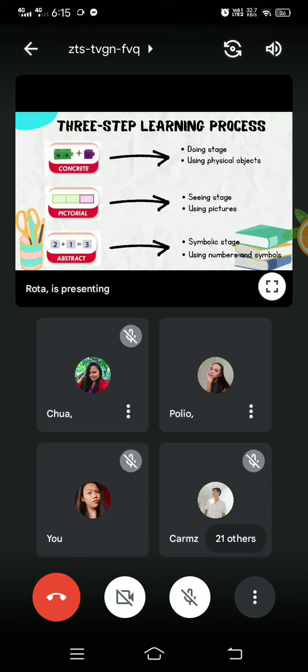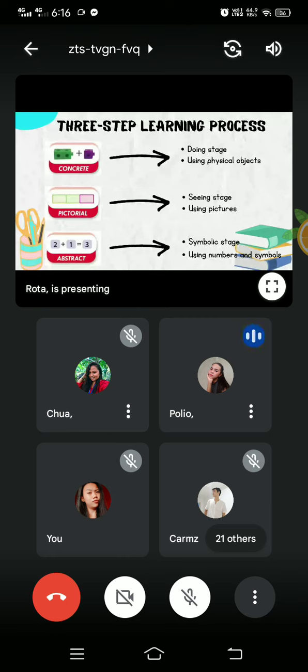So this stage encourages children to make a mental connection between the physical object they just handled and the abstract pictures, diagrams, or models that represent those objects from the problem. As you can see in the second picture, it is a bar model.